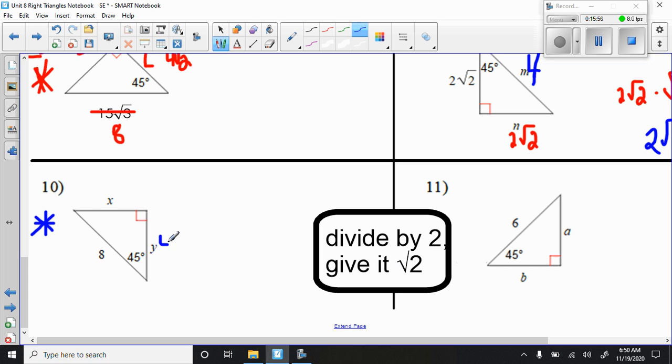So this would be 4 radical 2. When the hypo is a whole number. This is the same. Hypo is a whole number. Divided by 2, 6 divided by 2 is 3. Give it a radical 2. 3 radical 2. Same with this. Both legs are equal. And there is our 45, 45, 90 right triangle.